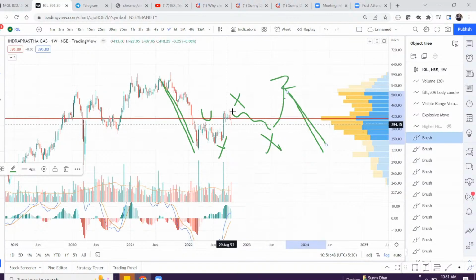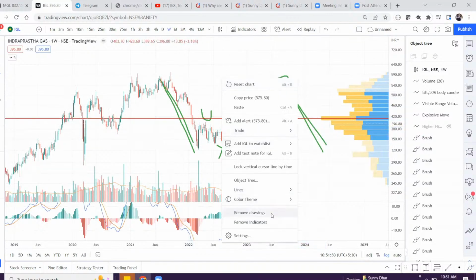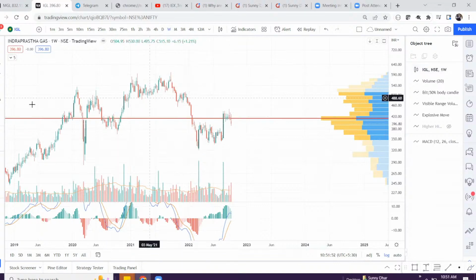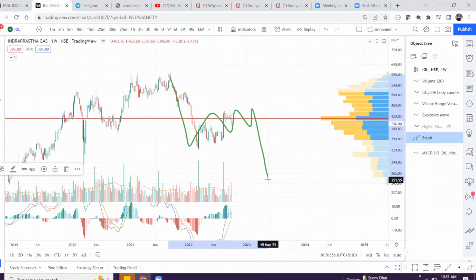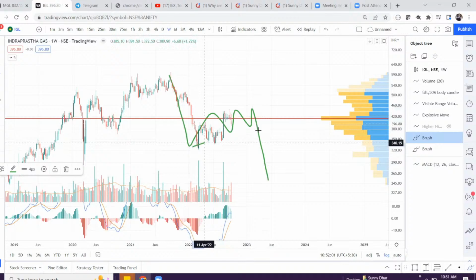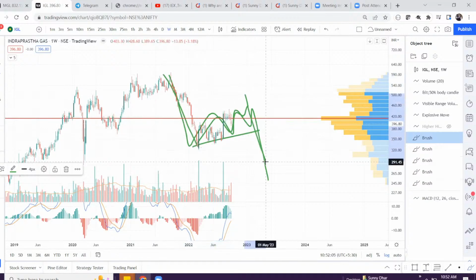Instead of this, we can also get a pattern WXY and again one impulse. So we have to look at which pattern we will get, but we are sure that if this is an impulse and this is a correction, we can expect one more move down.